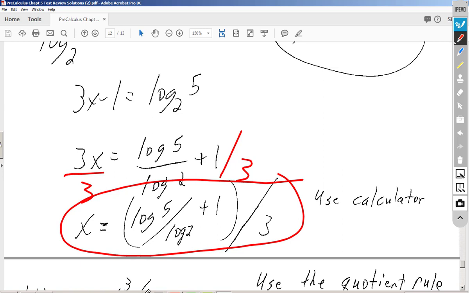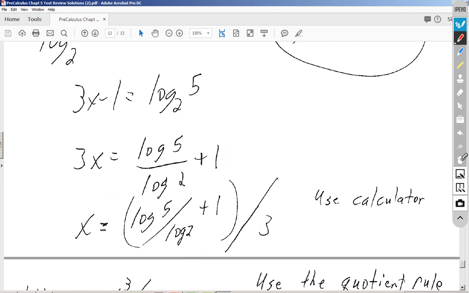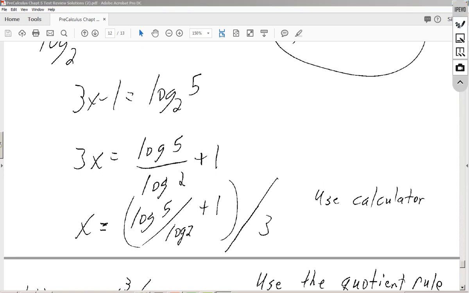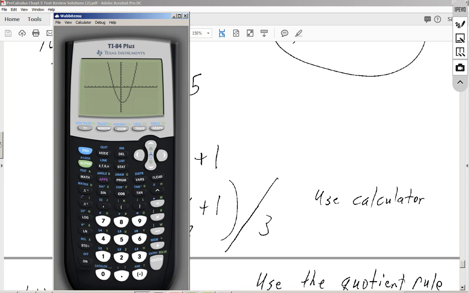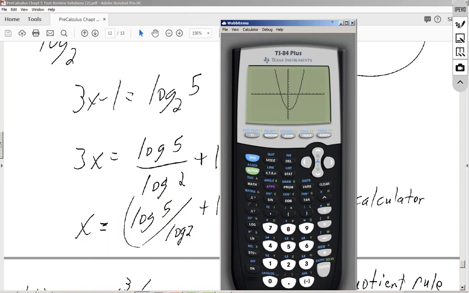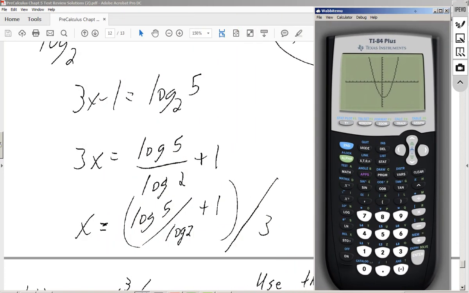So putting this into our calculator, let me get my calculator up here. So just move it over here. So on your calculator, let's go ahead and clear this out of here. So we're going to go ahead and take log 5. Now we're going to divide by log 2.